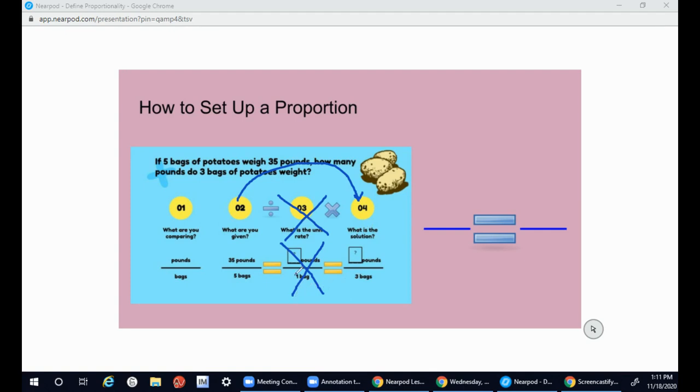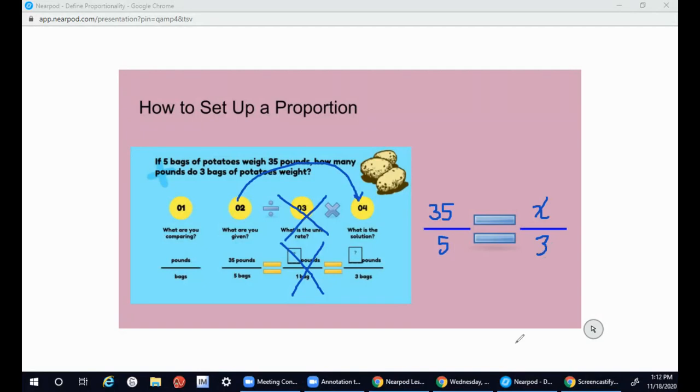We're not talking about solving just yet. We are just talking about setting up. Your task today is to read a problem like the ones we had yesterday, and you're going to set up a proportion that looks like this. I was given that it is 35 pounds for 5 bags, and I want to solve for how many pounds it is for 3 bags.